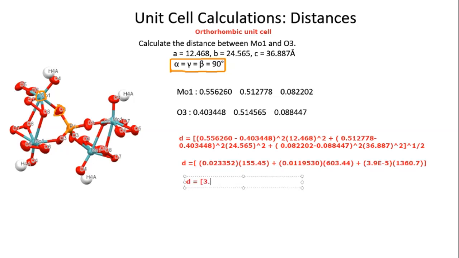So we get 3.630. Zero point 0.053. Again, remember this is raised to the 1/2.